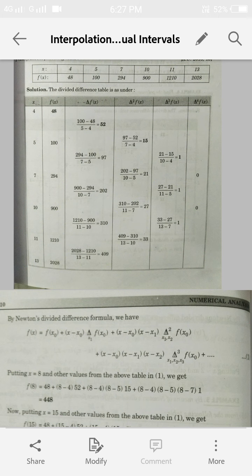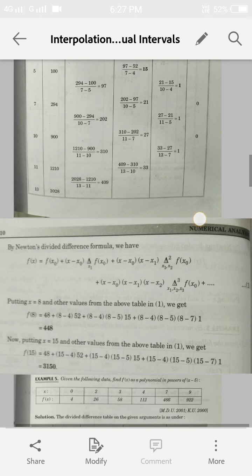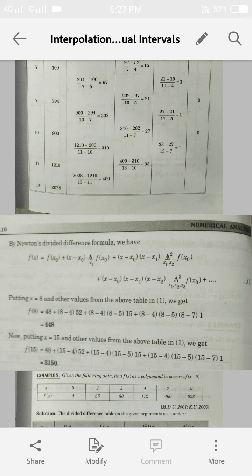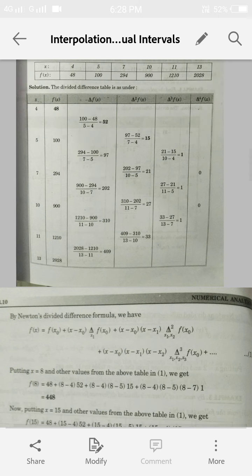We are to find the values of the function at x equal to 8 and x equal to 15. So in equation 1, in place of x we put the value 8, and x0, x1, x2 and their corresponding first order, second order, third order differences we put from the table, using the leading values of these.